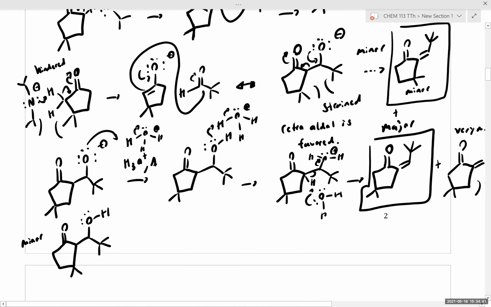Now, interestingly enough, even if you get the minor beta hydroxyketone, this minor beta hydroxyketone doesn't stick around for very long. If you treat this beta hydroxyketone with acid, what you will find is that rather than observing the desired aldol reaction, you'll see a significant amount of retroaldol processes. So in this case, under acidic conditions, we can protonate our carbonyl carbon.